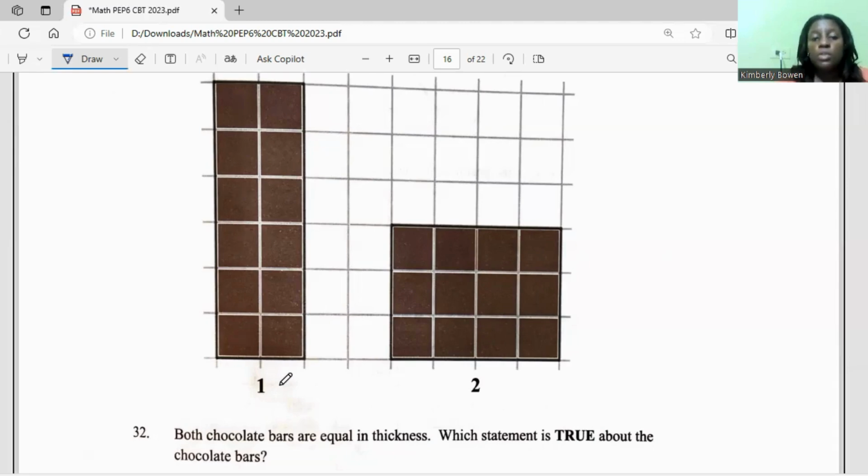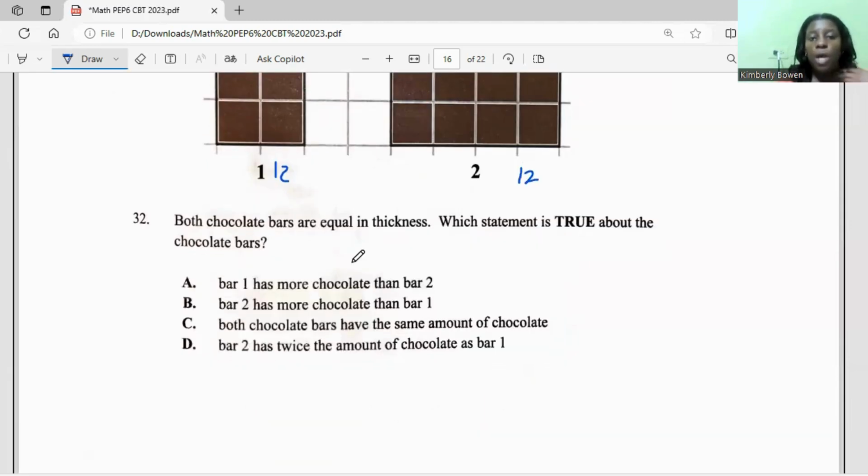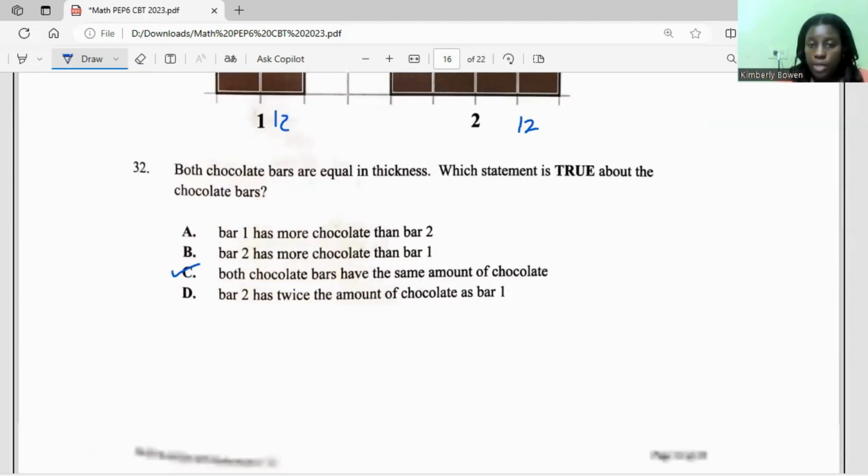So this is 12. And this is 1, 2, 3, also 12. Both chocolate bars are equal in thickness. Which statement is true about the chocolate bars? Both chocolate bars have the same amount of chocolate. See, already working smart because I already worked it out. I knew that was the answer.